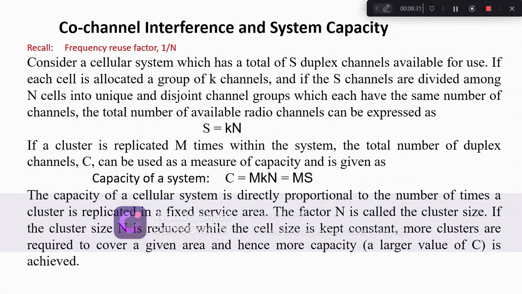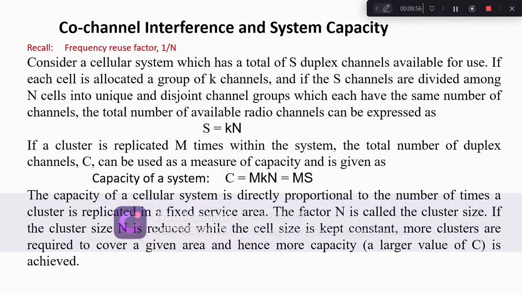If the cluster size N is reduced while the cell size is kept constant, more clusters are required to cover a given area, and hence more capacity. A larger value of C is achieved. So now we want the maximum value for C, more capacity.